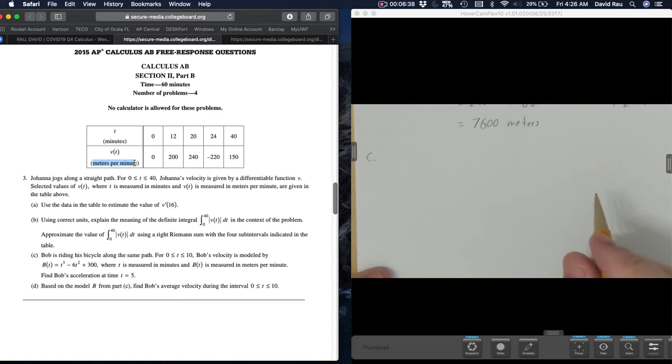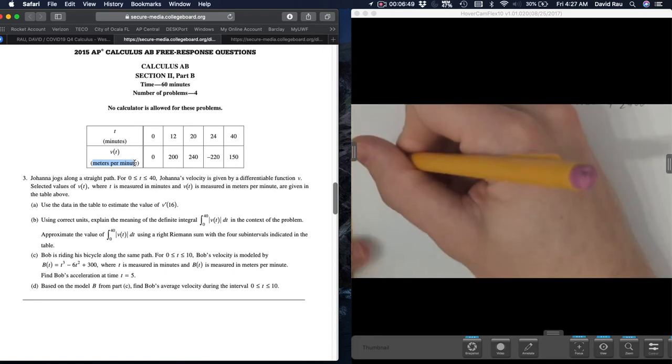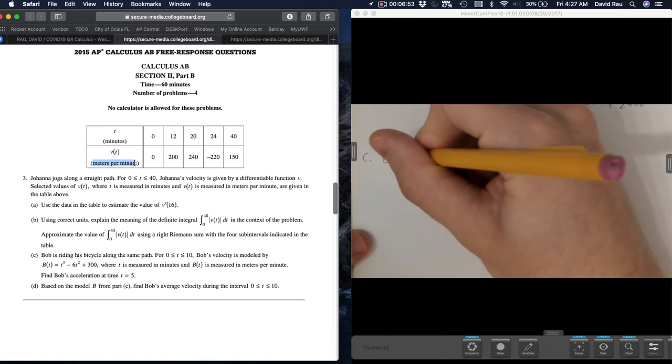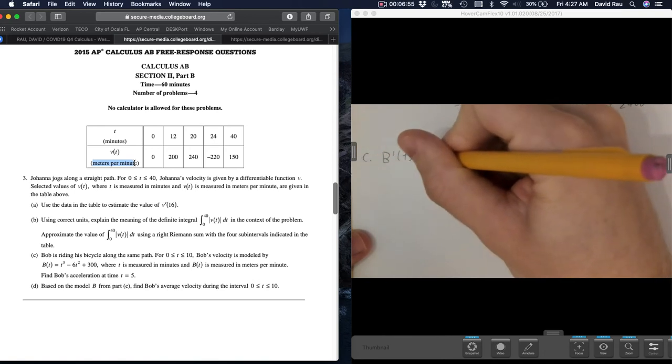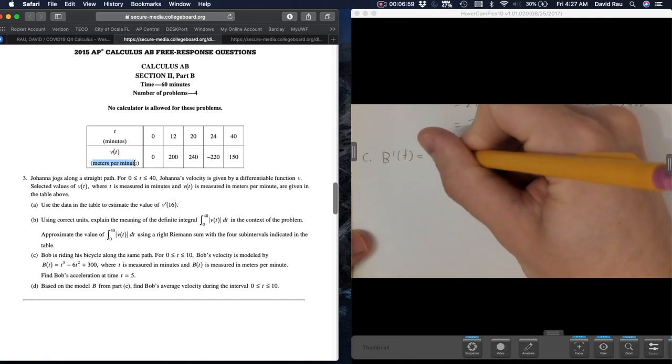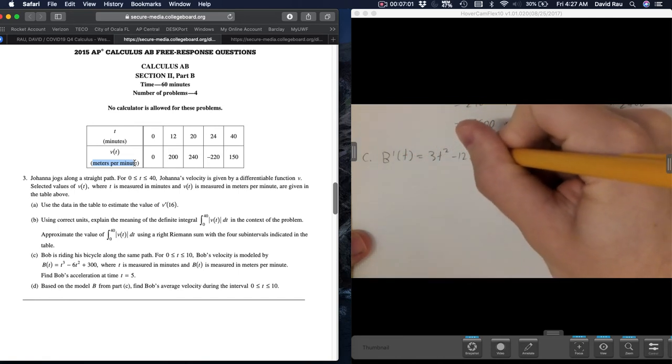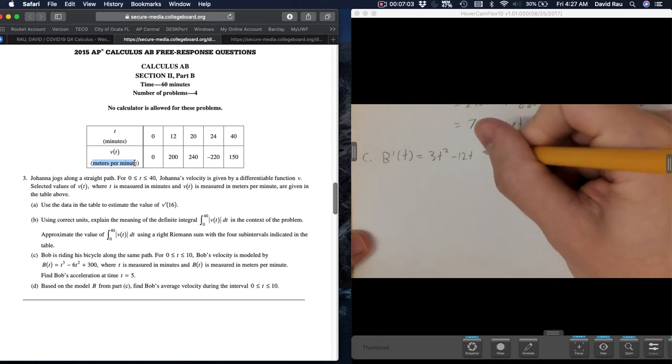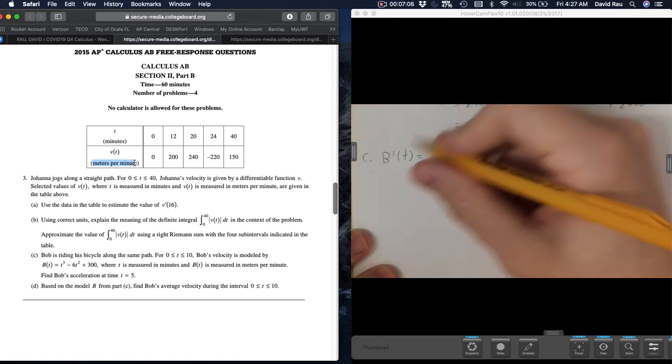So they give us Bob, who's riding his bike with a velocity measured by that function, and they want to know his acceleration. And so if we have Bob's velocity, then we're really trying to find b prime of t, which is going to be 3t squared minus 12t, and that's it, because the 300 is a constant, it derives to 0.